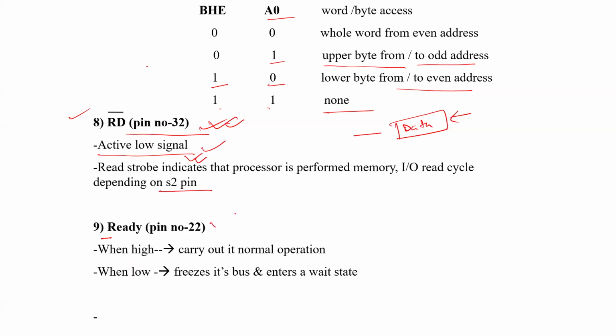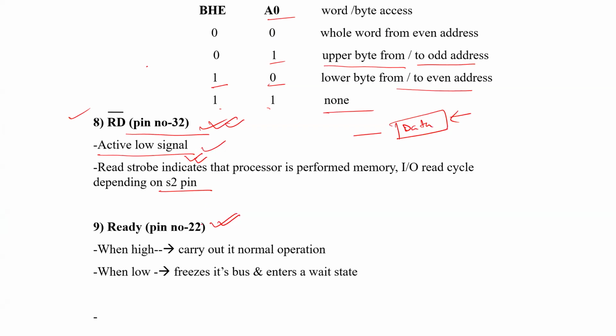Next, ready. Ready means suppose if we want to do any operation through the microprocessor, I need to know whether the microprocessor is ready or not. This pin indicates the signal which tells whether the microprocessor is ready or not. When it is high, carry out a normal operation. When it is low, freeze its bus and enter a wait state.